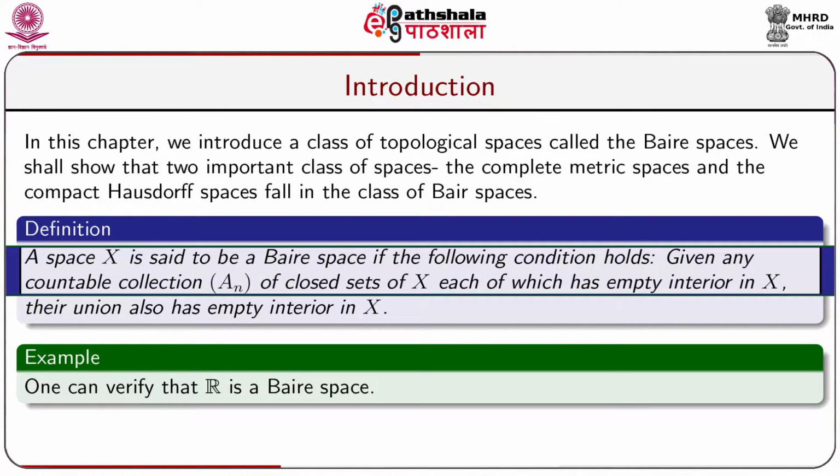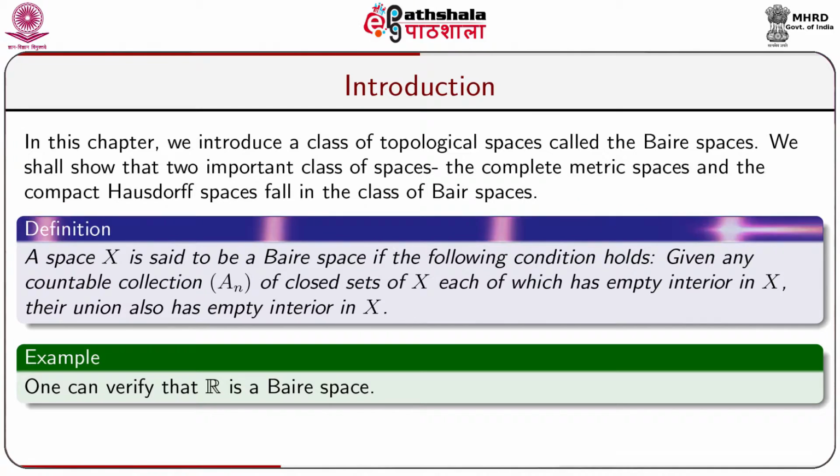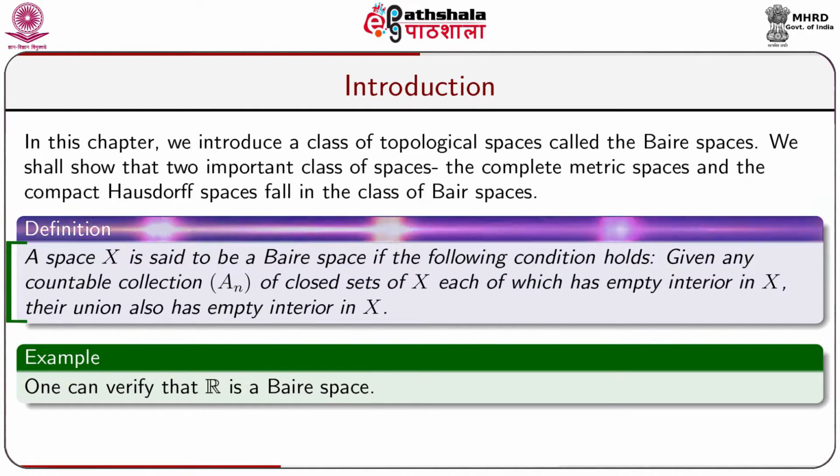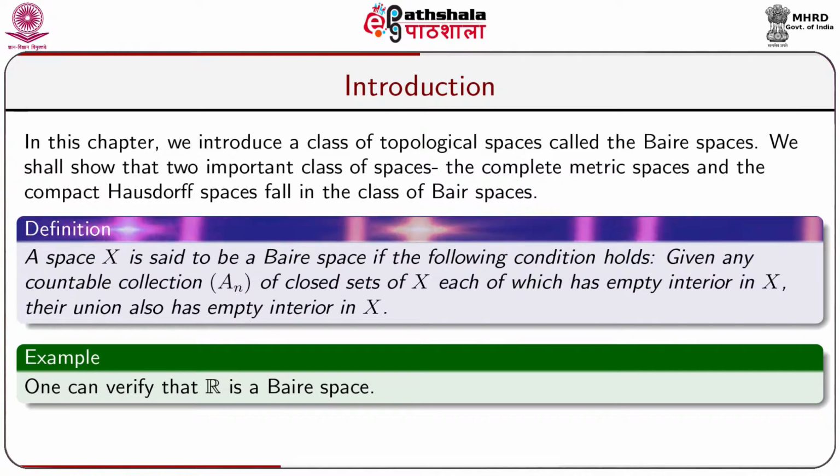A topological space X is said to be a Baire space if given any countable collection of closed sets, each of which has empty interior, their union also has empty interior in X. By this definition, it can be easily verified that R is a Baire space.